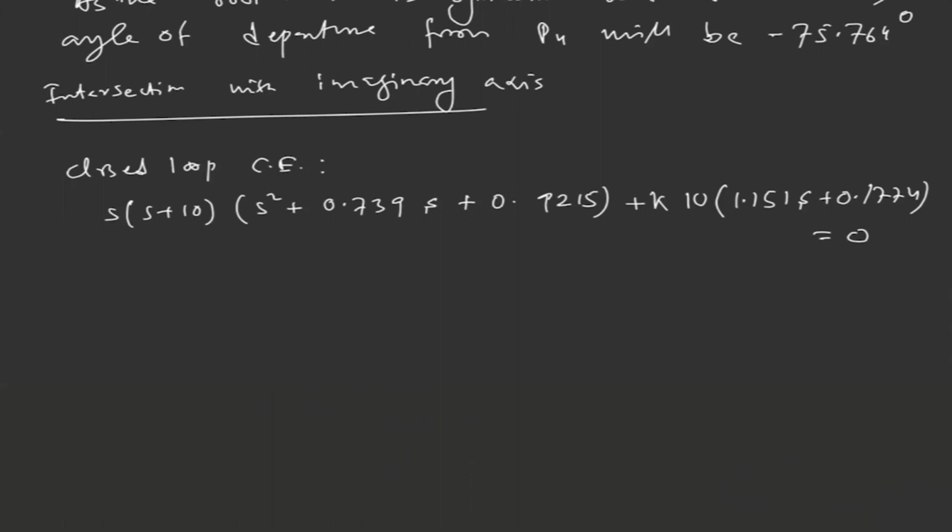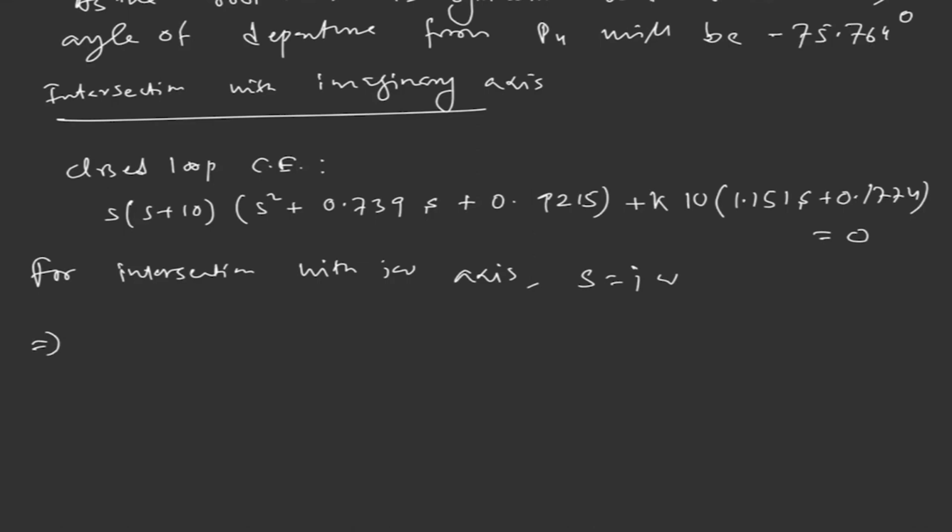And from this, we now have to find that intersection with the imaginary axis. For intersection with j omega axis, S is equal to j omega, we substitute in the above equation. And finally, I'm just leaving some steps for you.